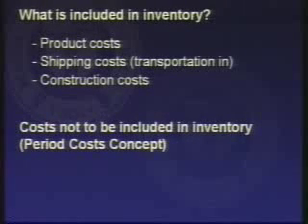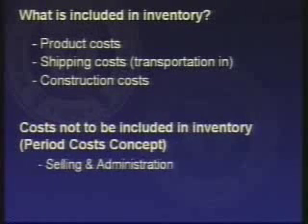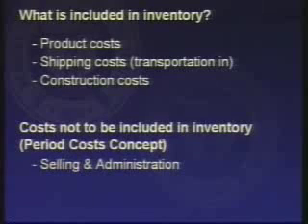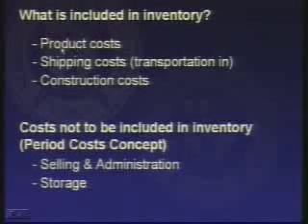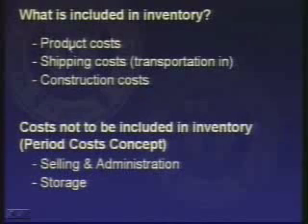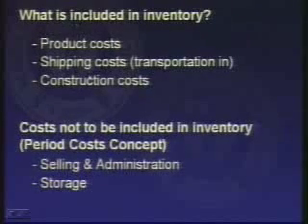Things that do not get included in inventory include selling and administrative expenses to sell the inventory or any kind of storage. These are separate line items, separate expense items. Now the key thing here is that any of these costs, product costs, shipping costs, they get capitalized into the asset.